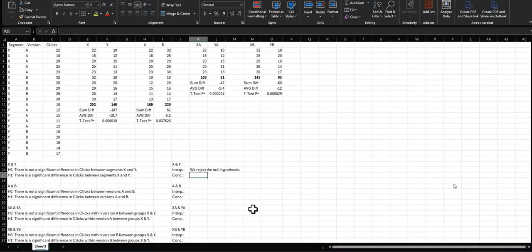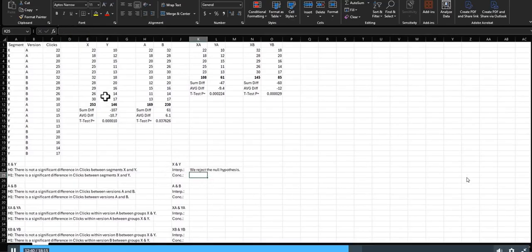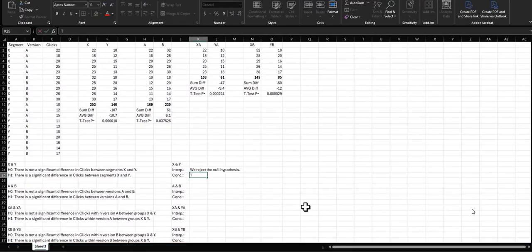That's our interpretation. Our conclusion can take advantage of this other numerical information we found. There's a negative difference between x and y. What does that mean? The y segment clicks fewer times than the x segment overall.